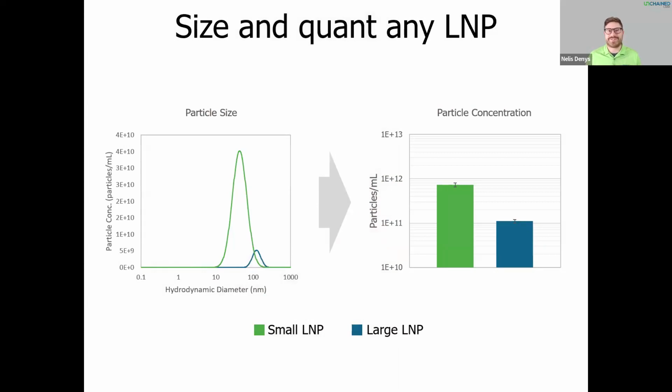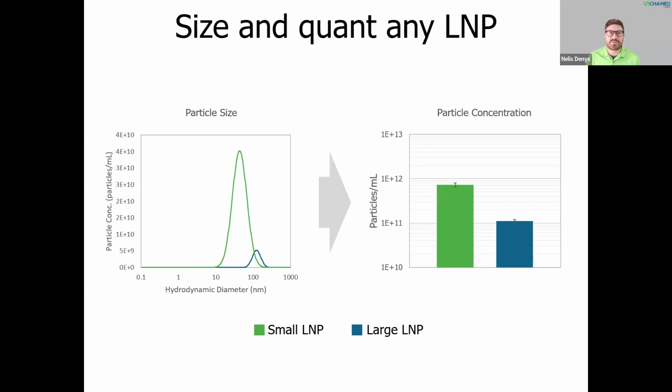So I've already mentioned that size and particle concentration are critical components to monitor for multiple reasons, like dosage or delivery efficiency, and many, many more. Stunner knows how many LNPs are in your sample by looking at all those different angles and giving you one clear output. So no matter how small or big your nanoparticles are, Stunner will provide particle concentration for every peak size.